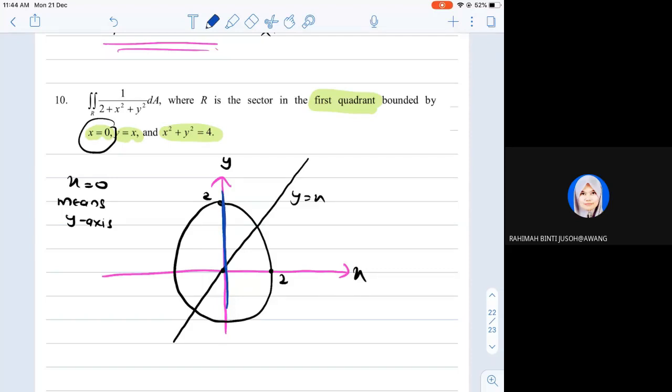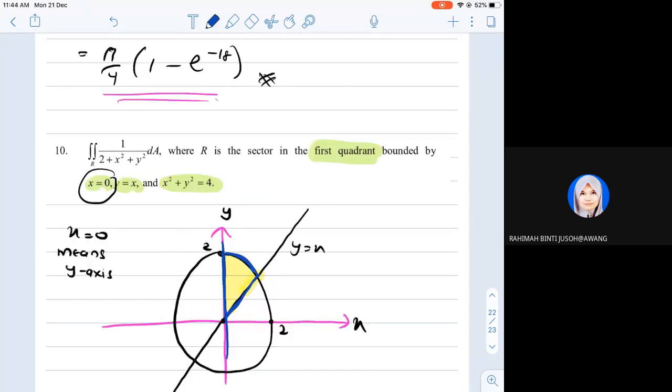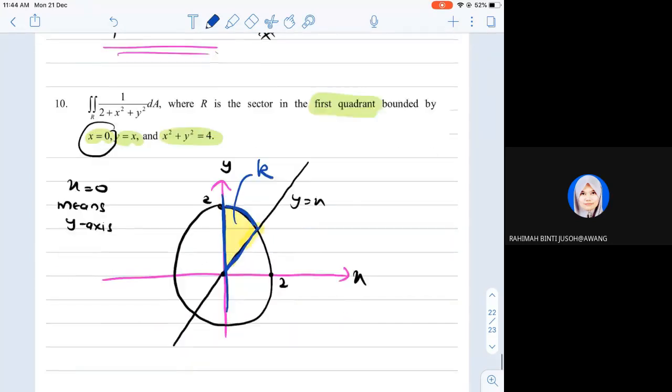So which part? The upper part or lower part? Upper part, yes. This region. It is bounded by all three lines: number 1, y equals to x, and this circle. Okay, so that is your region R. This is your region R.